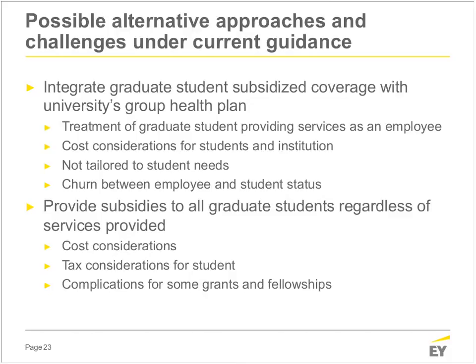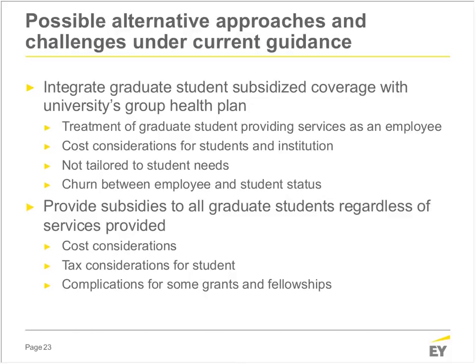So what's another solution that definitely does work but has its own considerations to be taken into account? That would be if subsidies were provided across the board to all graduate students, regardless of whether they're providing services or not. The reason that works is that the subsidy is being provided to the graduate student in their capacity as a student, not in connection with services being provided.